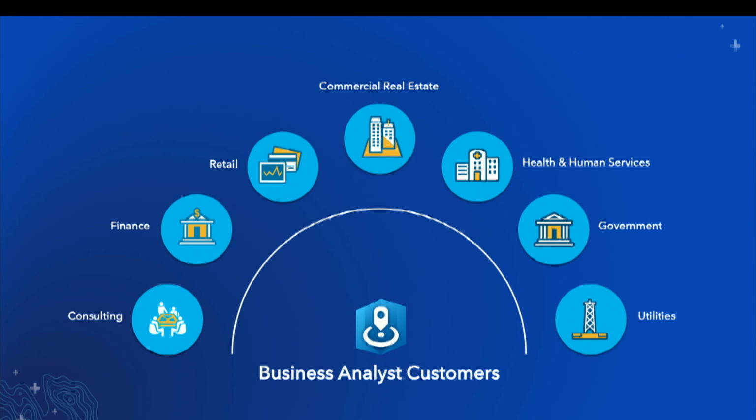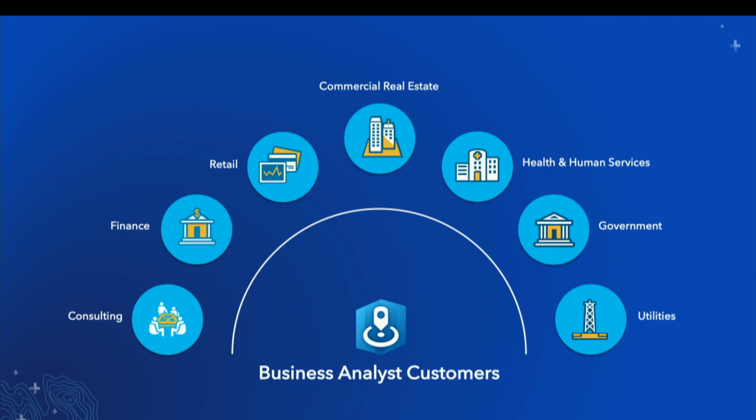In finance, big banks are using this to optimize their ATM network and their branch network. In retail, many department stores and quick service restaurants are using it to target the right population for their business and locate their locations. In commercial real estate, big and large players are making decisions on properties.